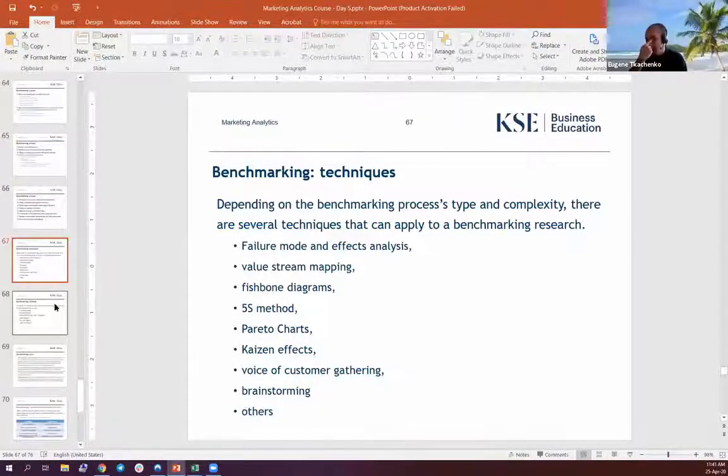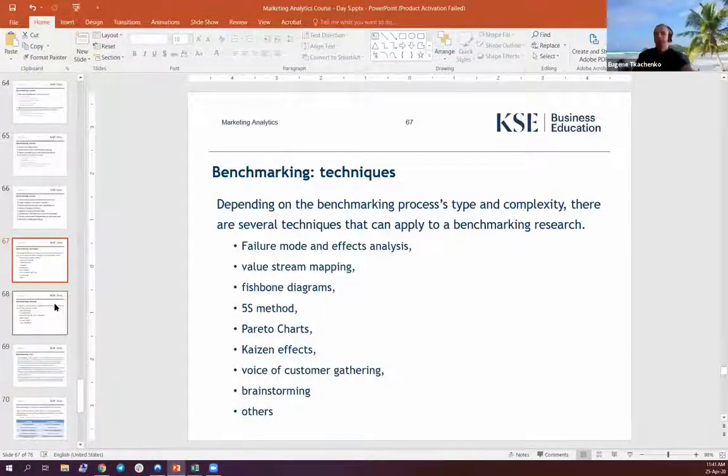So, some techniques you can use. Again, there are some data collection requirements and the processes described prior to this slide. It's all about data collection and communications. When we are talking about techniques, it's more like a visual representation or indication.